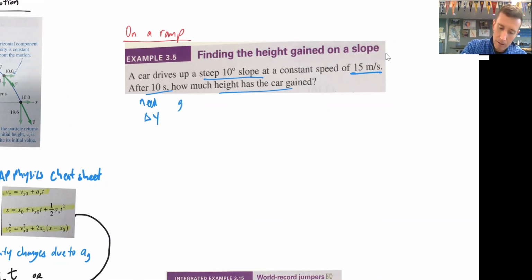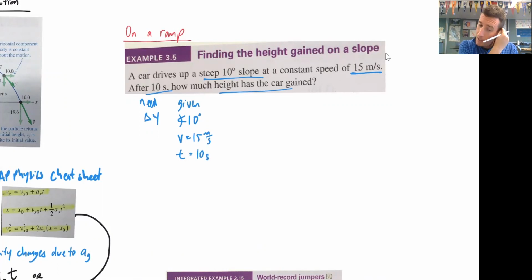I'm given the angle of 10 degrees, and I'm also given a velocity, and it's not a velocity horizontally or vertically, it's just the total velocity on the slope at 15 meters per second and a time of 10 seconds.